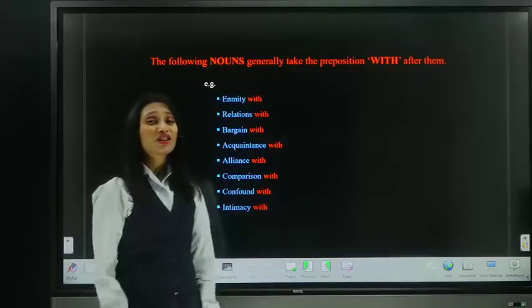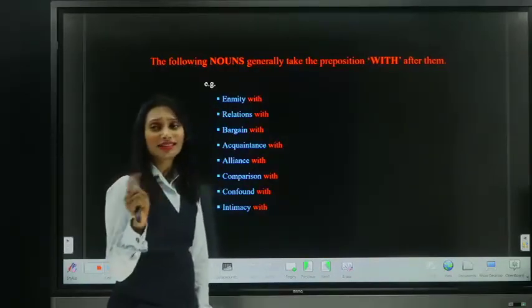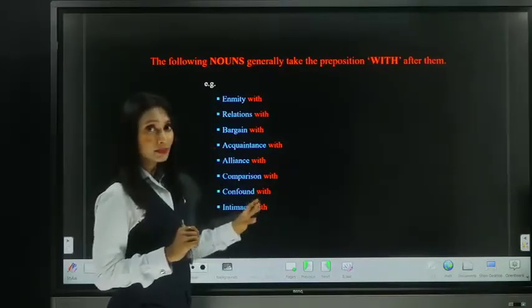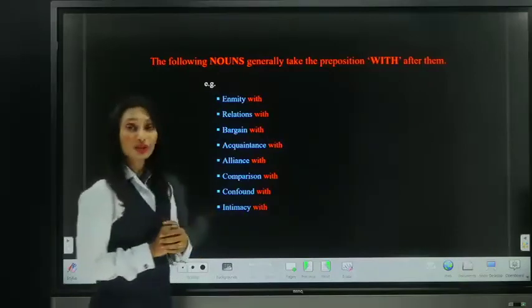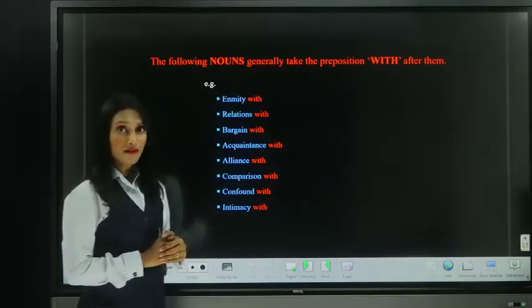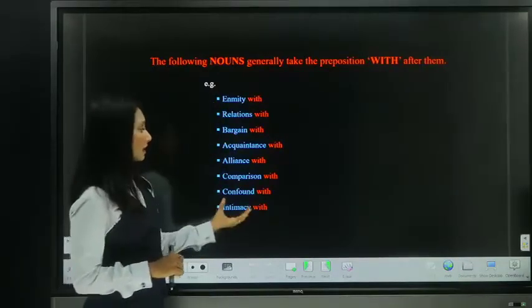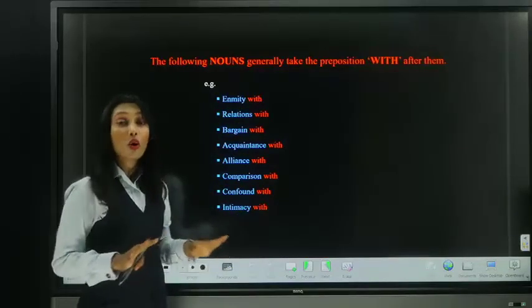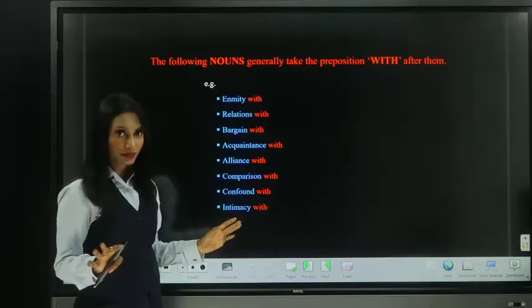Bargain with: Do not bargain with the street vendors, etc. So try to make examples using these so that you can remember them well. These nouns are followed by 'with' only, always.